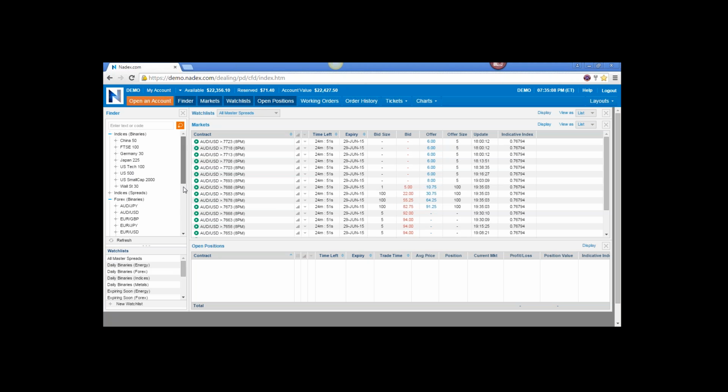FX means Forex, which is currencies, like the dollar compared to the euro, or the dollar compared to the yen. So indices are stock indexes; Forex is foreign exchange, like currencies. Okay, so that's the difference there.